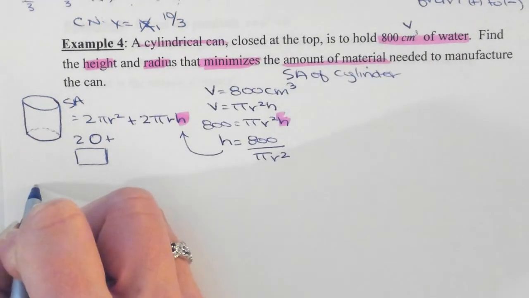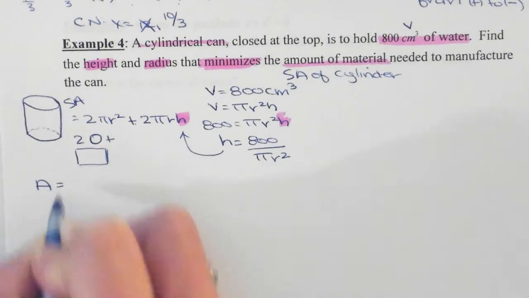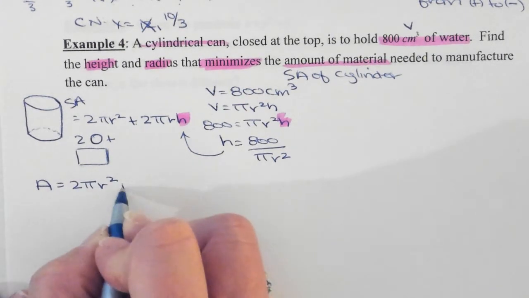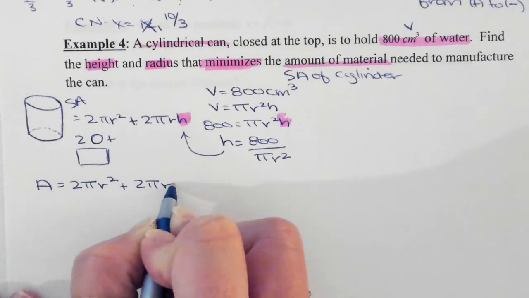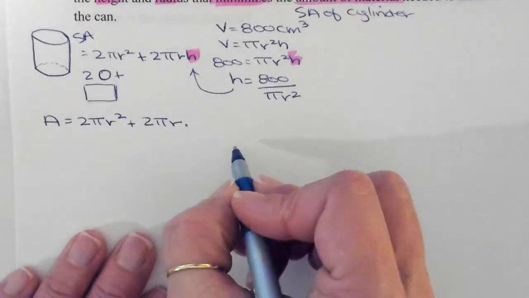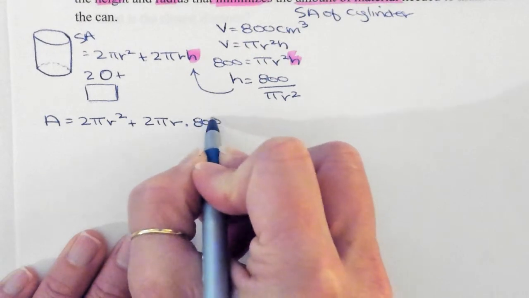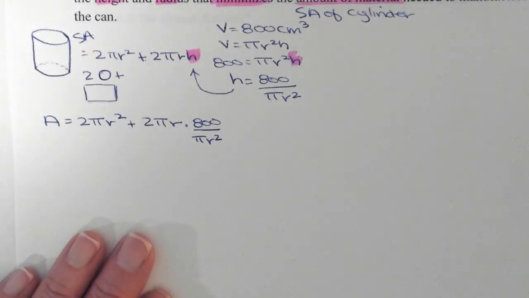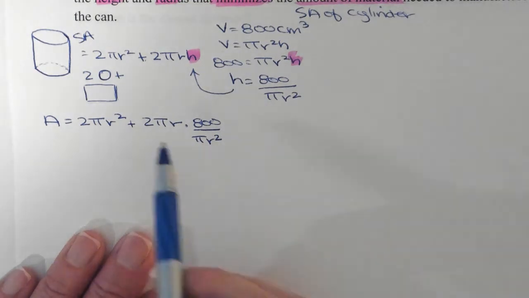So our surface area, or basically our area, is equal to 2 pi r squared plus 2 pi r times what we found for h. So this is 800 over pi r squared. Can we simplify just a little bit before we take the derivative? It's a lot of stuff.